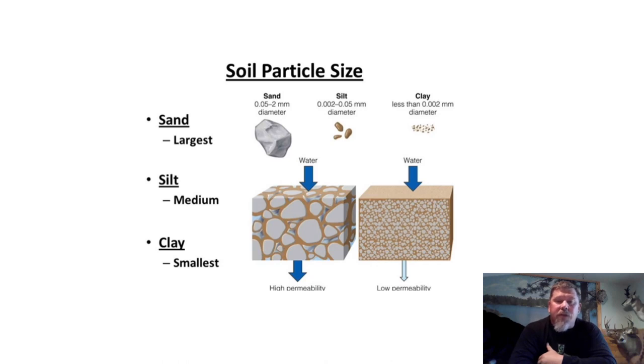The other thing is the channels are so big in sand. We talked about cation exchange capacity and the negative and positive charges. Sand has a neutral charge, so it doesn't have the ability to hold those nutrients that have been released in the soil. There's no positive or negative attraction going on. So as that water is permeating through the soil, it's also washing your nutrients down.